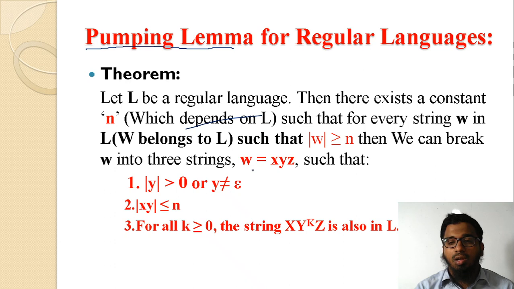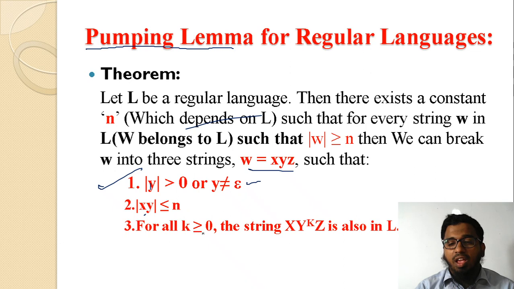W equals xyz. You need to divide it into three parts. First, the length of the string y is greater than 0, that is, y is not epsilon. Next, when you concatenate xy, the length should be less than or equal to n.